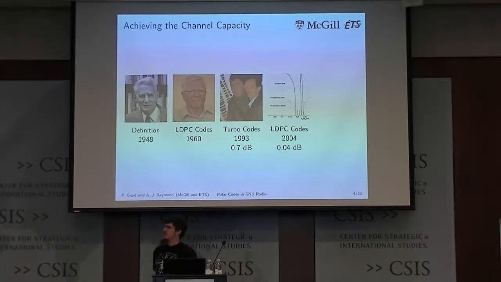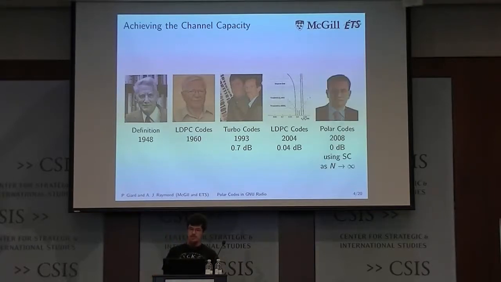I guess he thought he was the first, but unfortunately, he just found again the LDPC codes, very close to channel capacity, 0.04 dB away. We call both turbo and LDPC codes modern error-correcting codes. We call them capacity approaching codes. They don't meet the capacity, but they are very close, so we call them approaching.